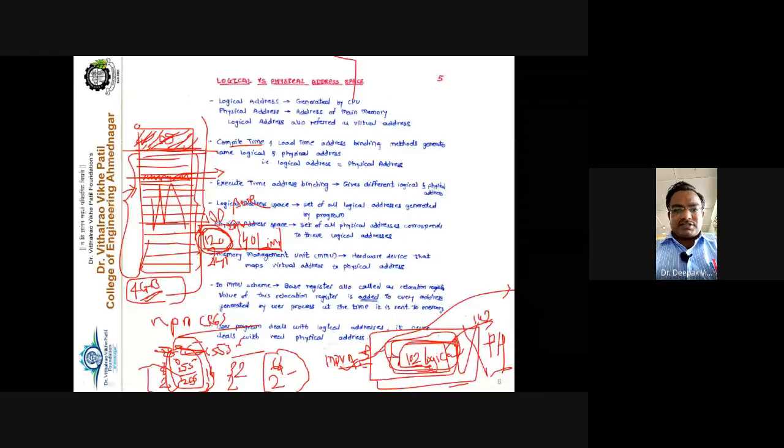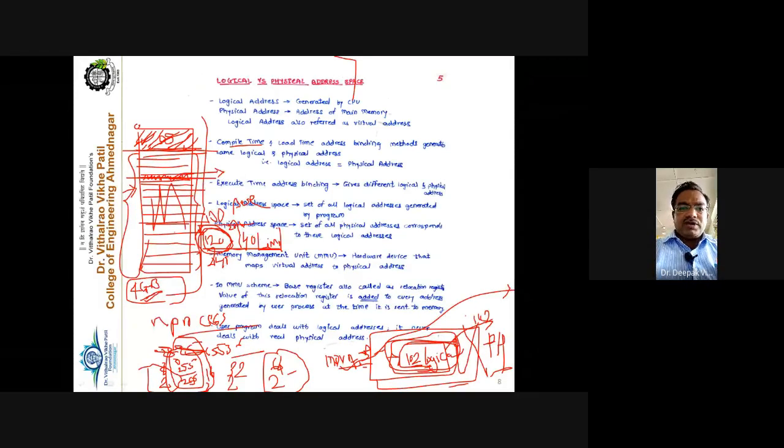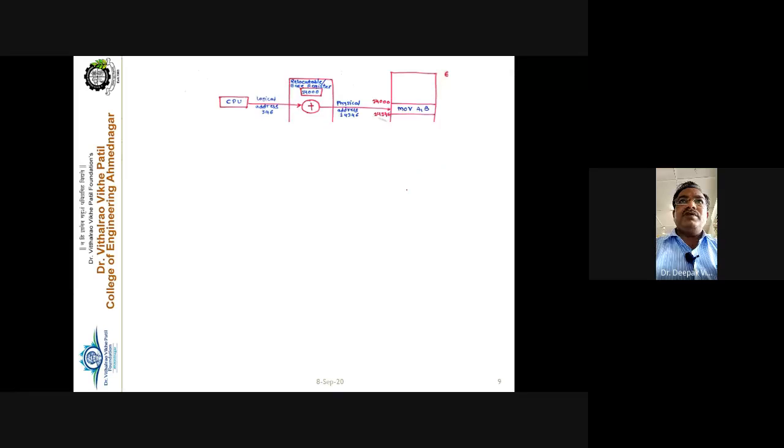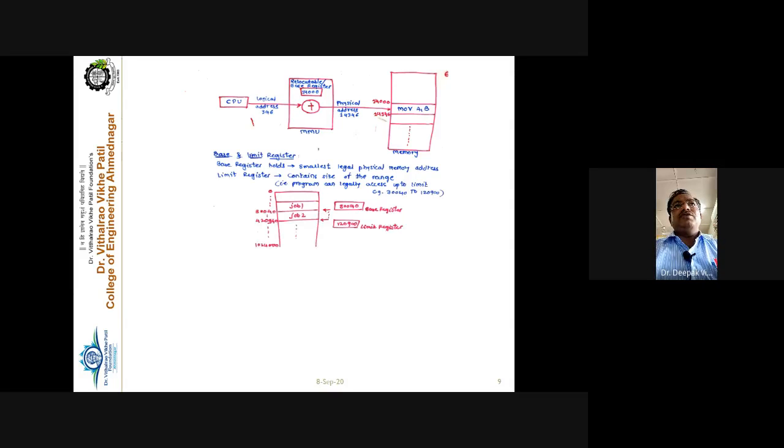This entire scheme is handled by your memory management unit, which consists of your base register and limit register, right? From this diagram it will be clear to you. Say 102 is the logical address generated by the CPU to execute that instruction or process, and its physical address must be different.